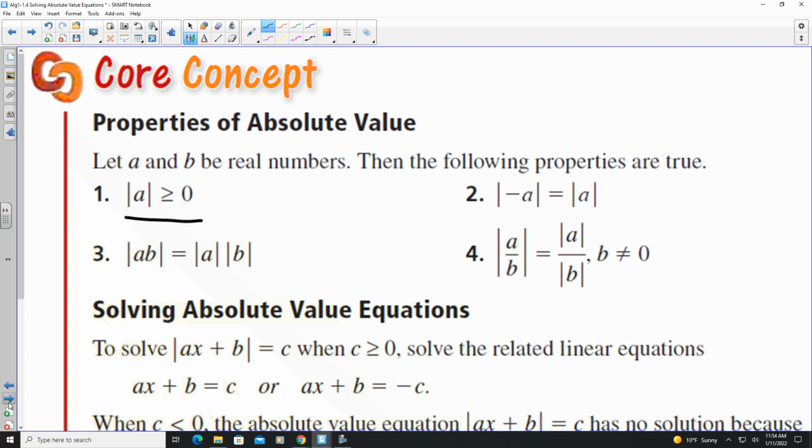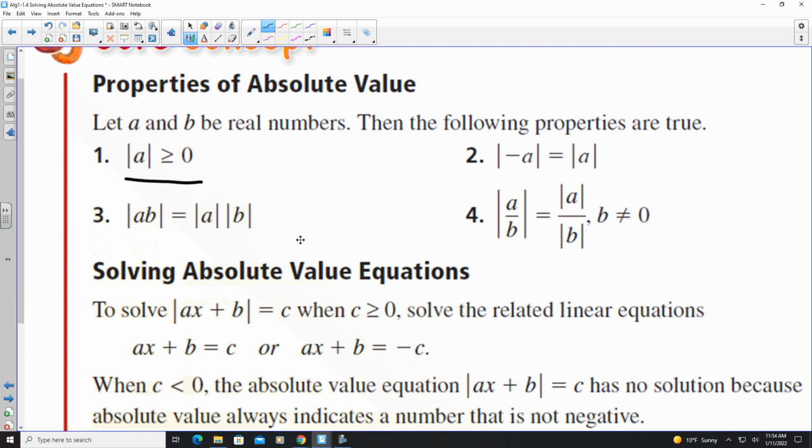So the absolute value of negative A is going to be equal to the absolute value of A. That makes sense because, again, you are taking them as a positive value. The products inside an absolute value will always be positive, and also the quotients will also be positive.